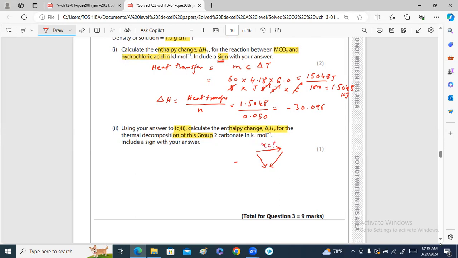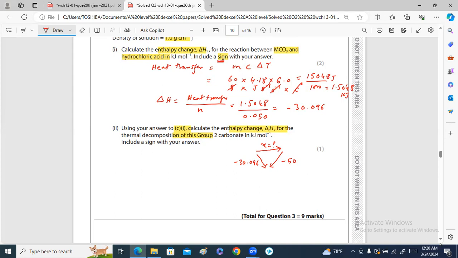This value is negative 30.096, and this value is negative 150. Hess's law says that if your reaction takes place in one step or in several steps, the overall enthalpy change remains constant, or the enthalpy change is independent of the route taken for the chemical reaction, as long as the initial and final conditions are constant.